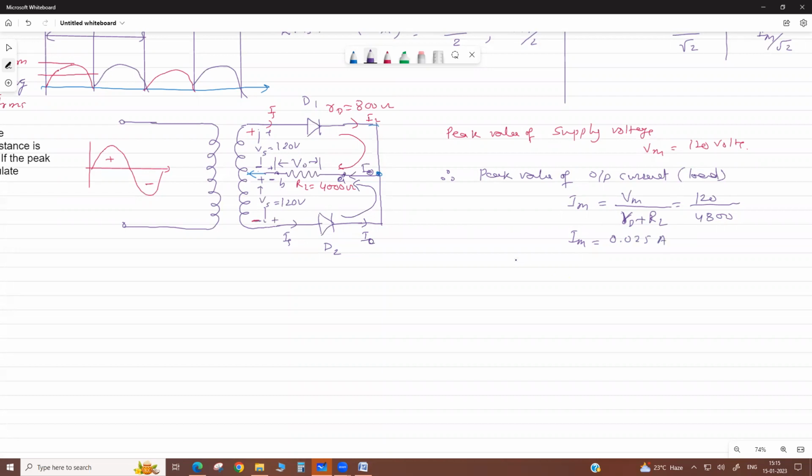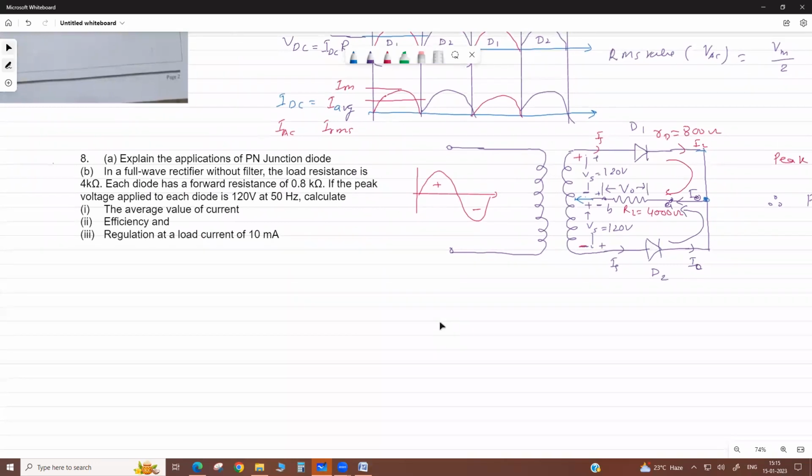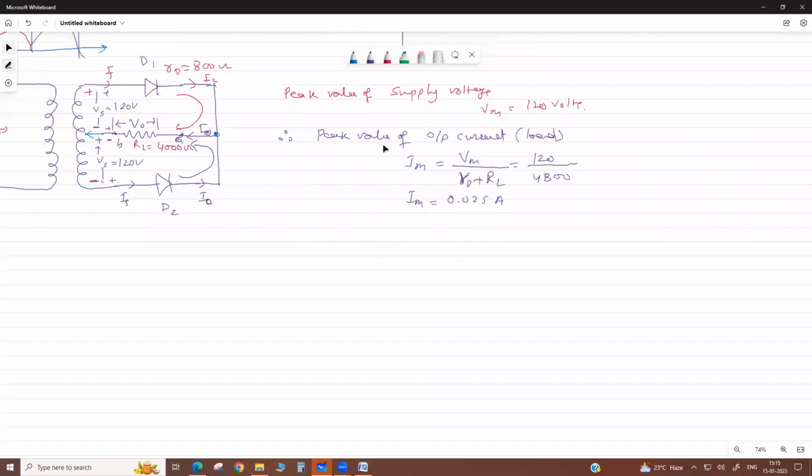Now, first of all, what is asked? The average value of current. Now that is the peak value, so we calculate the average value. Average means DC, represented by DC.